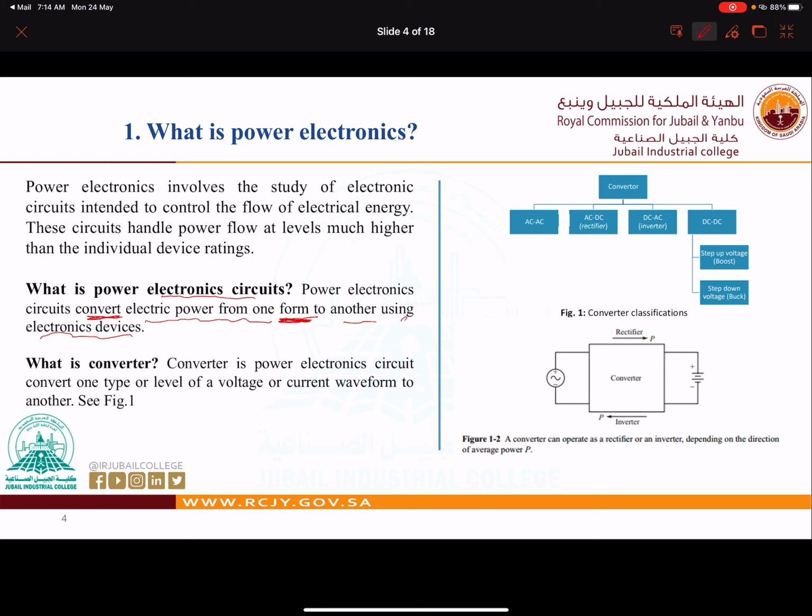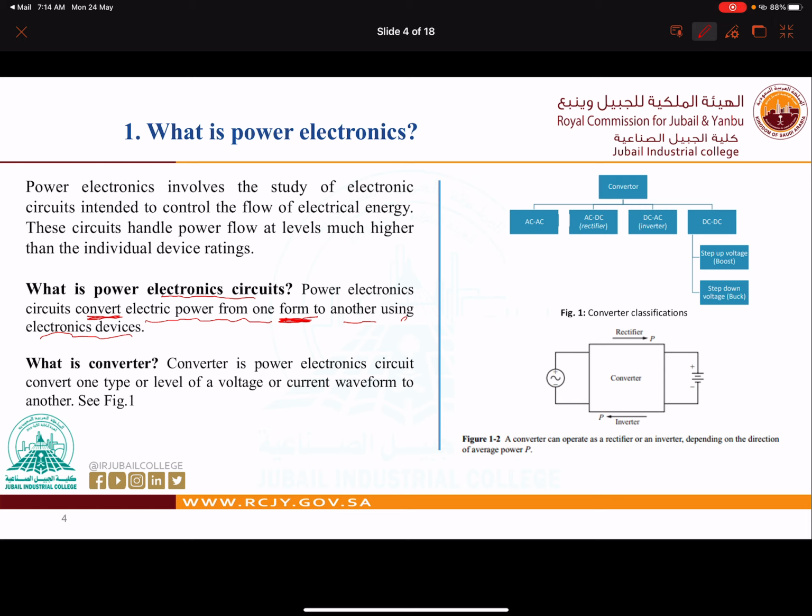We are going to convert from one form of energy, let's say an AC alternating current, to a DC current. This is the basic concept of power electronic circuits. So we are going to convert from one form to another form using electronic devices.